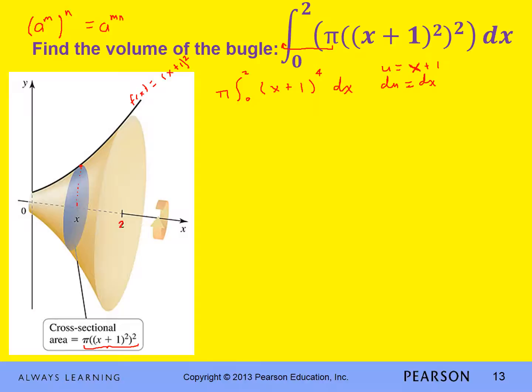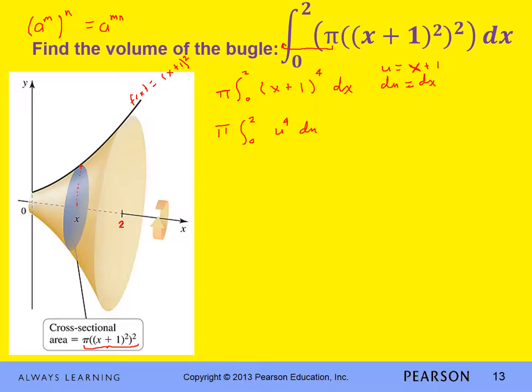Then we can rewrite this integral as pi times the integral 0 to 2 of u to the fourth du, which can be written directly with the u variable in this way.